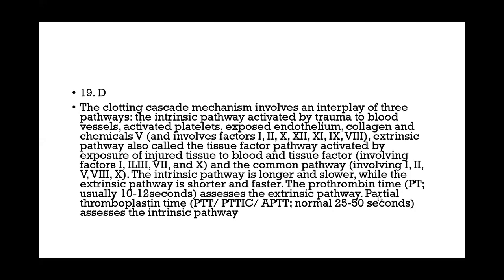Extrinsic pathway, also called the tissue factor pathway, is activated by exposure of injured tissue to blood and tissue factor. The common pathway involves factors 1, 2, 5, and 10. The intrinsic pathway is longer and slower, while the extrinsic pathway is shorter and faster.